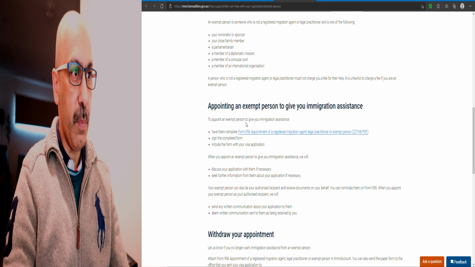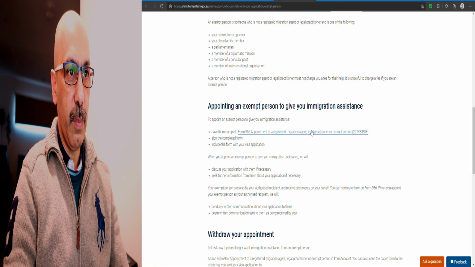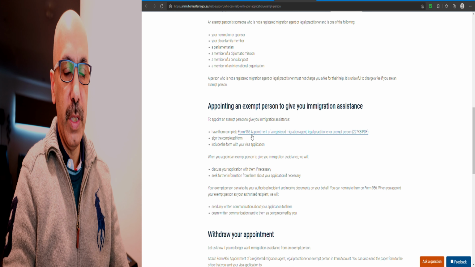To appoint an exempt person to give you immigration assistance, have them complete Form 956, appointment of registered migration agent, legal practitioner, exempt person. So this is the form that needs to be signed by your exempt person whom you are nominating to deal with your application.